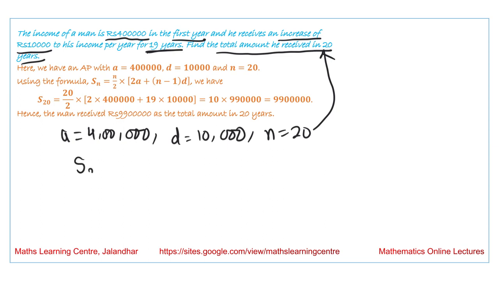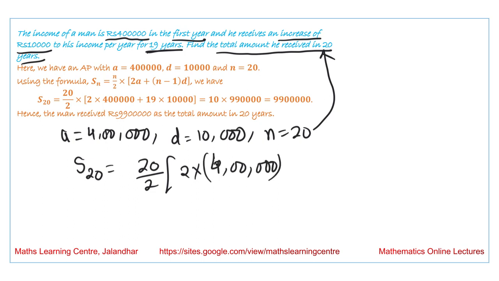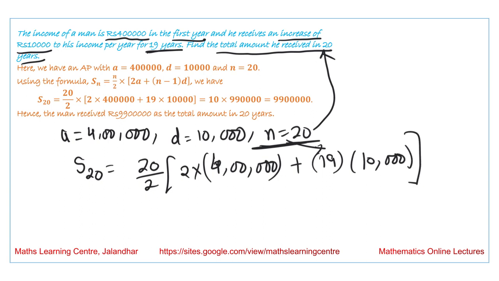We want to calculate S20, which is n by 2 into (2a plus (n minus 1) into 10,000), with n minus 1 being 19.